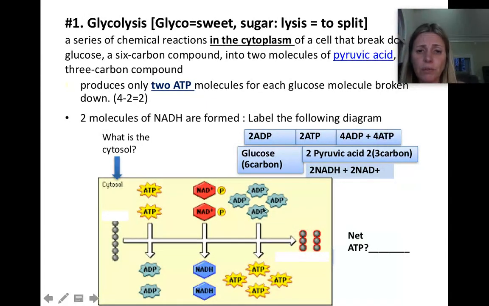So you're using these phosphates in order to make NAD into NADH, which is a hydrogen carrier. Okay, so here you have your 2 NADH, 2 H's plus 2 NAD pluses. So where would we label that? All right, that would be over here. Okay, our 2 ADP and our 2 ATP going in.